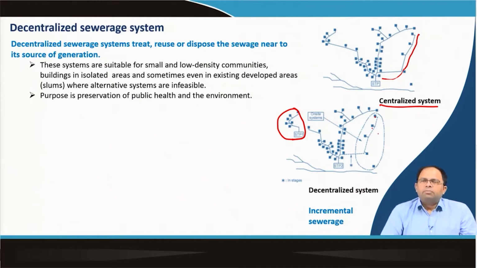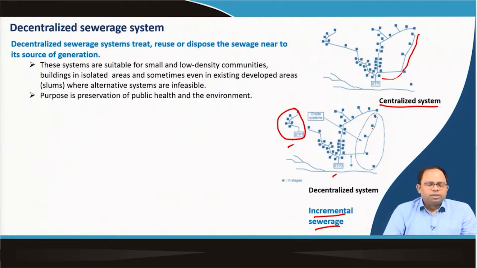So, it is a mix of both on-site systems, a decentralized system, as well as the standard conventional sewerage network system. We can call it incremental sewerage as well. Gradually we can build over time, and we can add these different kinds of systems together and build up the network for the sewerage system of that particular area.